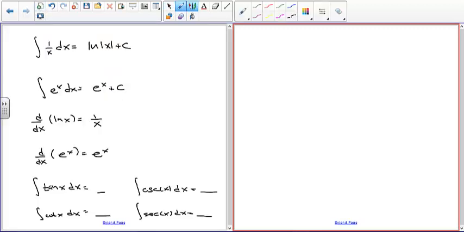So the question is, what is the derivative with respect to x of log to base a of x? If we have a logarithm that's some other base than e, log to the base e is the natural log. Everything we've done so far is natural logs.